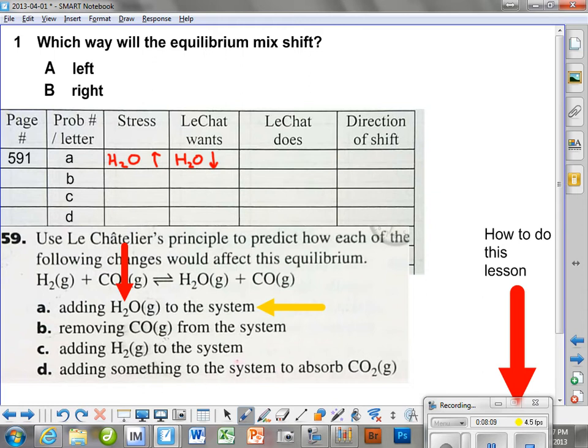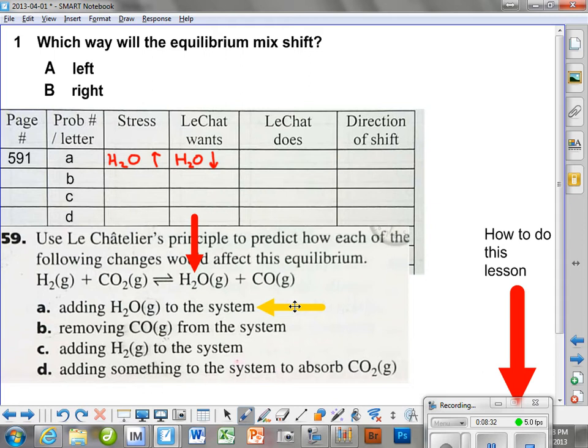So he has to simply manipulate the reaction. And with water being on the right-hand side here, that's going to identify the point of reference for what Le Chat is doing.